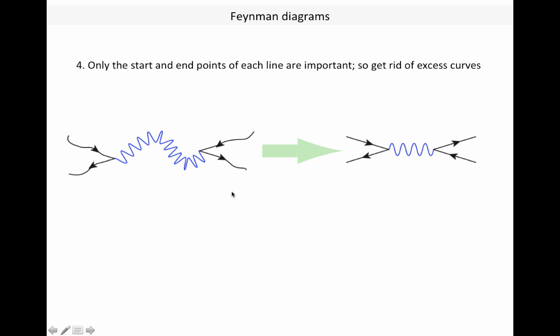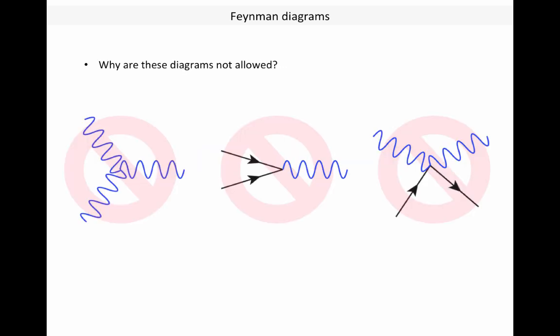So there's no point drawing messy or complicated looking curvy lines like the diagram on the left. You should straighten everything out so all the lines and all these squiggly lines are straight. So it's a useful exercise to go through, say, these three diagrams and explain what rules are being violated. I'll leave that up to you to do.